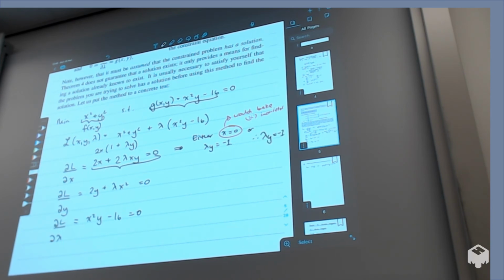Okay, so that's nice. Now we know that lambda y is equal to minus 1. So where can we go from there? We can go to this bit over here.